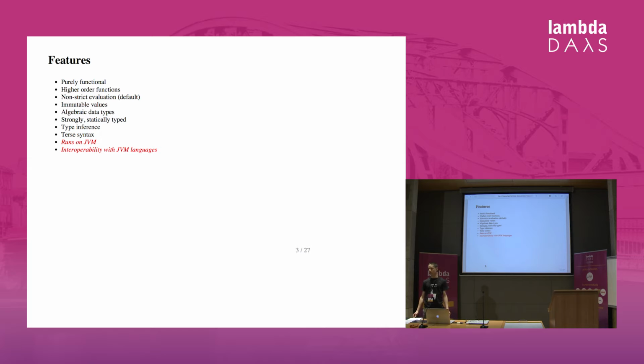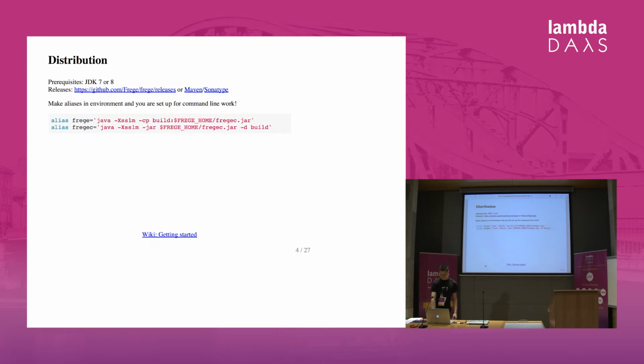We need to watch out for some constraints, especially this immutability and if code is side effecting, that are things that matter. So to get started with Frege, you first download the jar from Maven or from the web page, set up some aliases in your shell, and you're ready to compile.